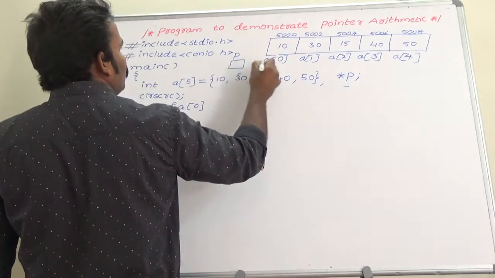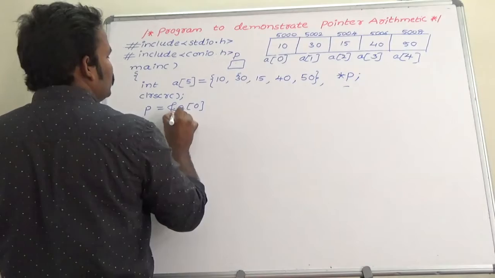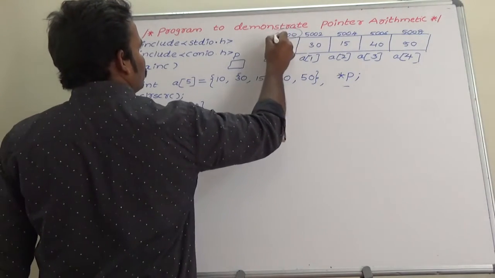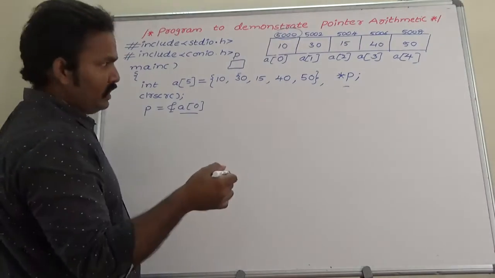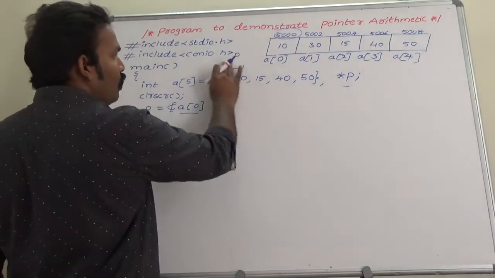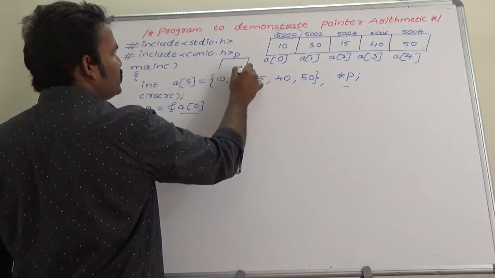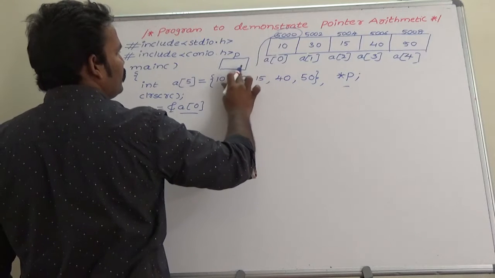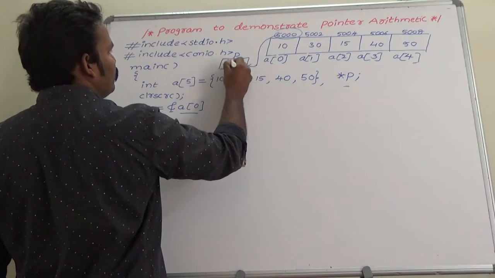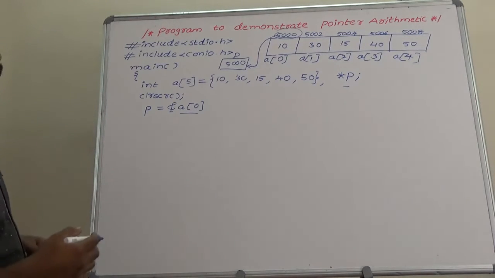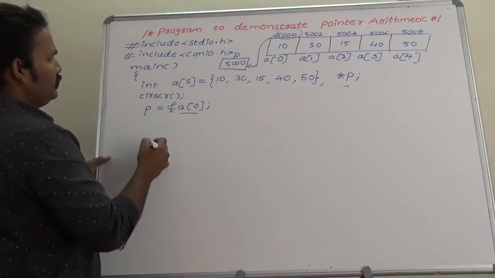The pointer variable holds the address of a of 0. The address of a of 0 is 5000. This is called the base address. So this pointer variable holds the base address, which means 5000. Clear?